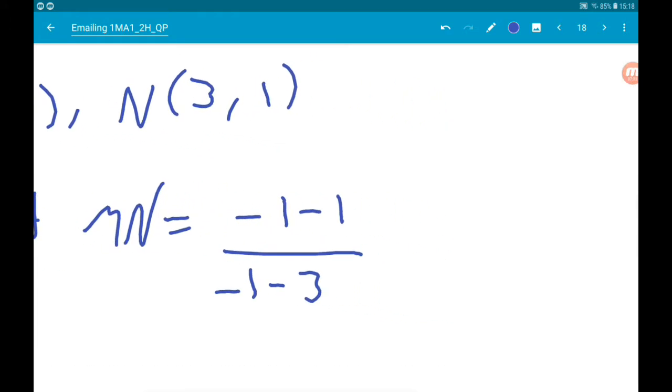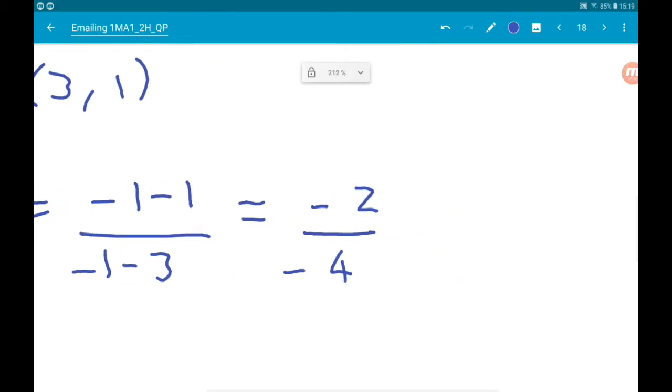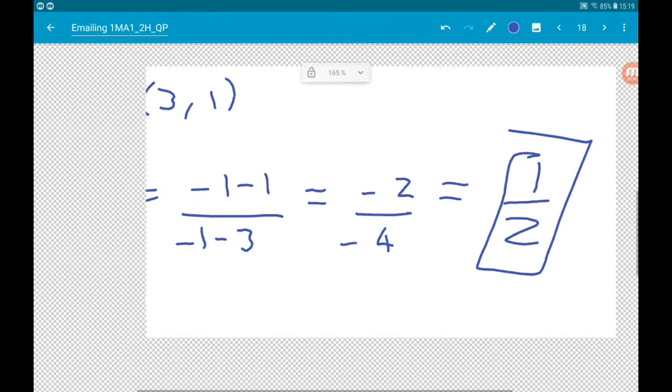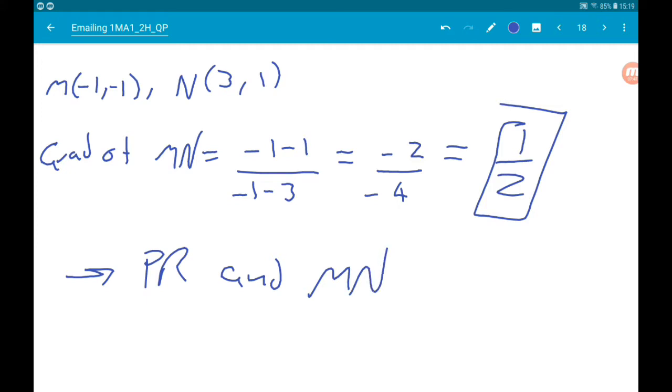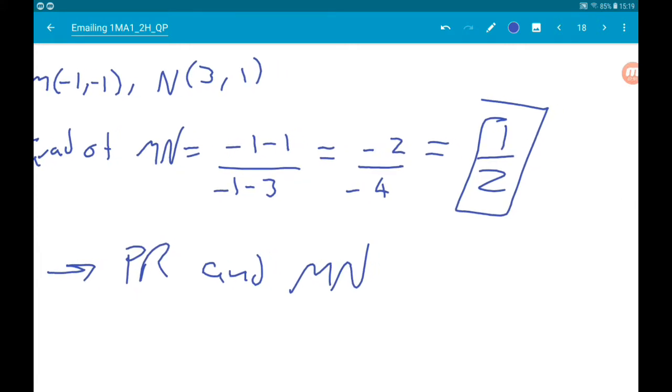Now that is -2 over -4, which again gives us positive 1/2. So, PR and MN have the same gradient. So they are parallel.